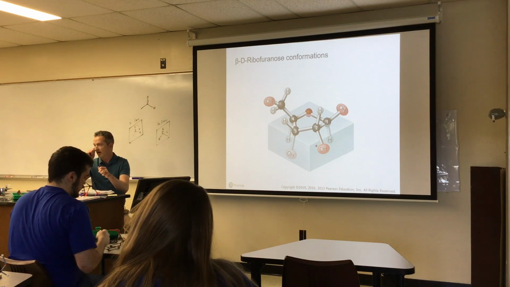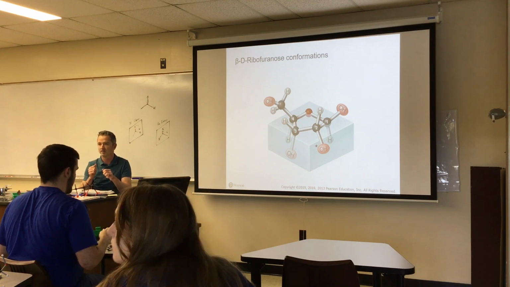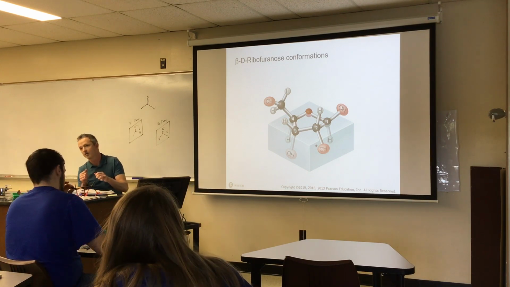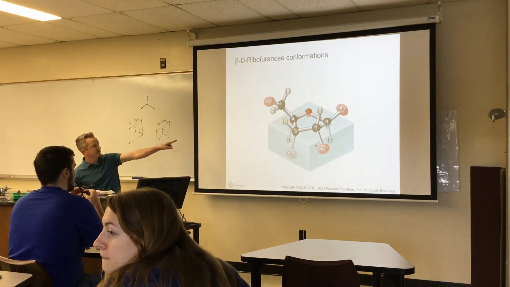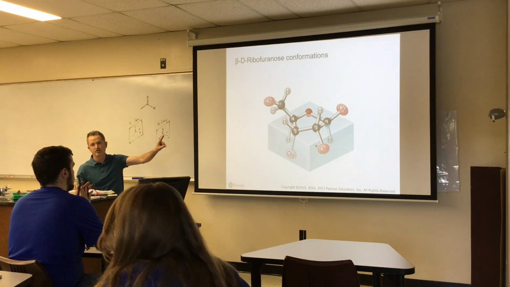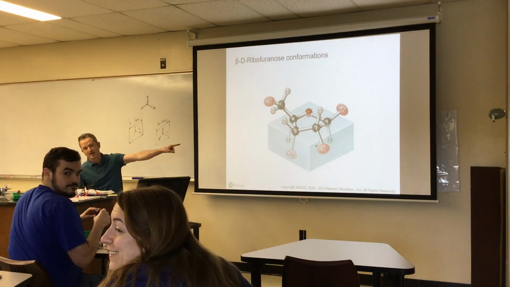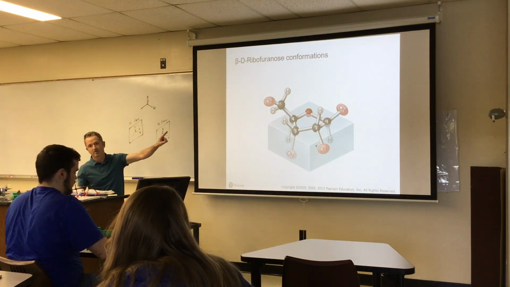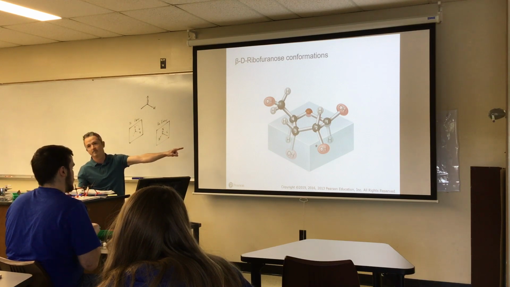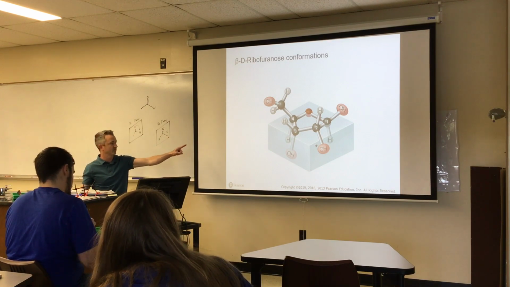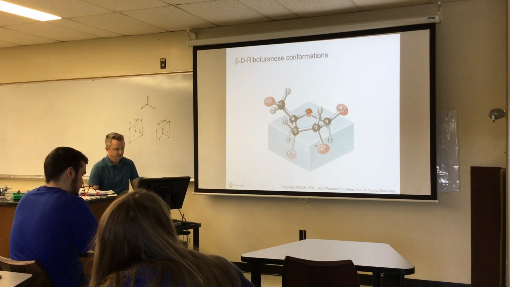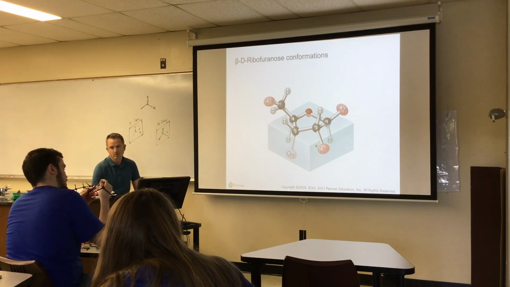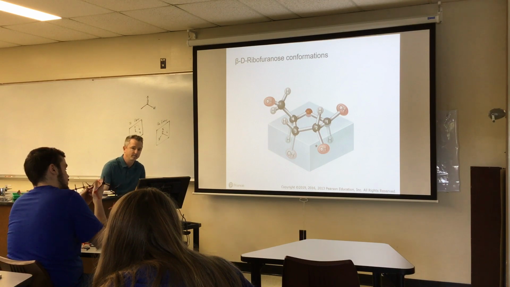How many people still have their pentose put together? Go ahead and try to walk it into the 2-endo conformation. So the 2-carbon is the one that is just sticking up out of the plane.